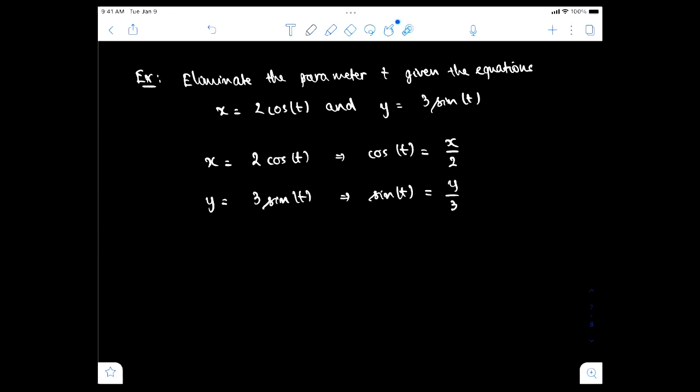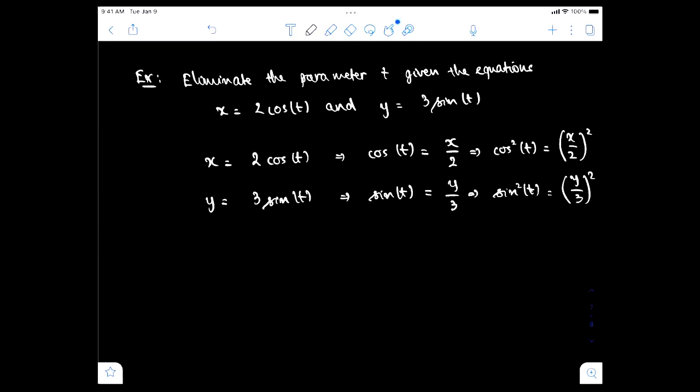With the equations we just got, I'm going to square both sides. This gives me cosine squared of t equal to x over 2 squared, and sine squared of t equal to y over 3 squared.